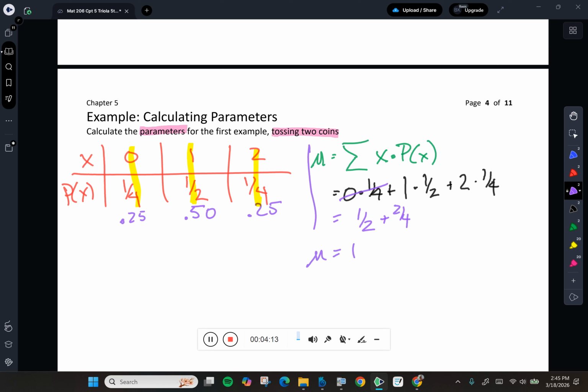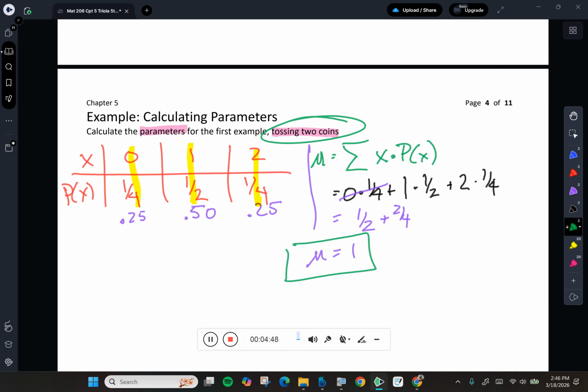All right, so what does that tell me? What is that supposed to tell me, that the mean is 1? Well, that tells me that if I sat down and played this experiment again and again, many times, flipping, recording, flipping, recording, flipping, recording, sometimes I'm going to get no heads, sometimes I'm going to get 1 head, sometimes I'm going to get 2 heads, but on average, if I added up all the heads I saw, divided by how many times I played the game, my average would be very, very close to 1.